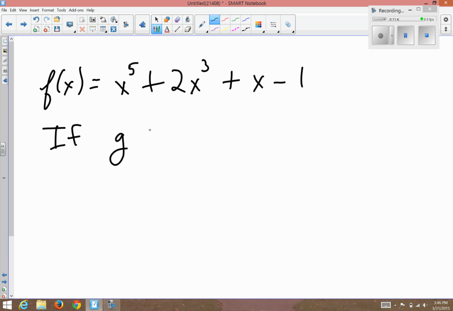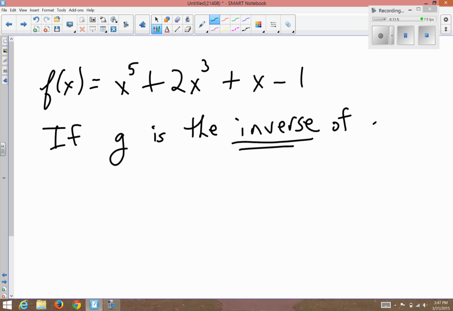If g is the inverse of the function f, find the derivative of g evaluated at 3.